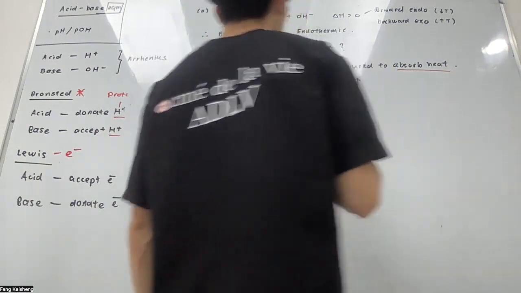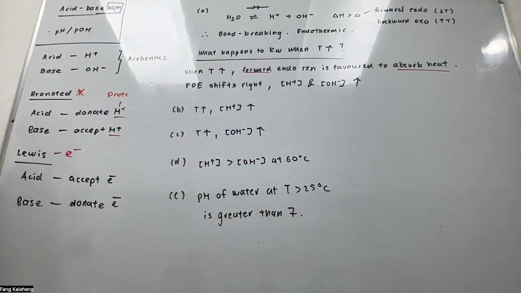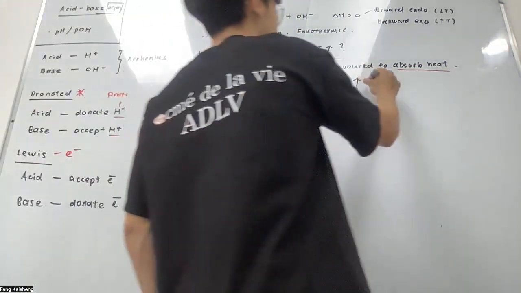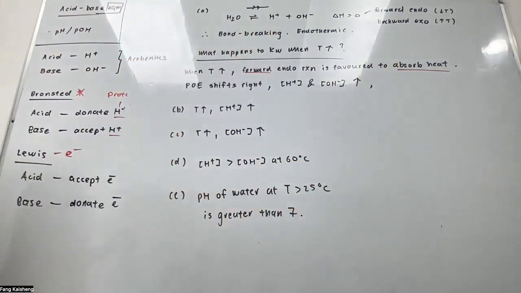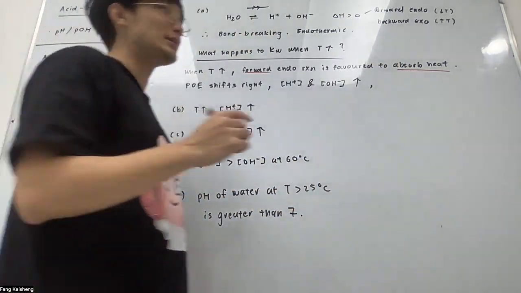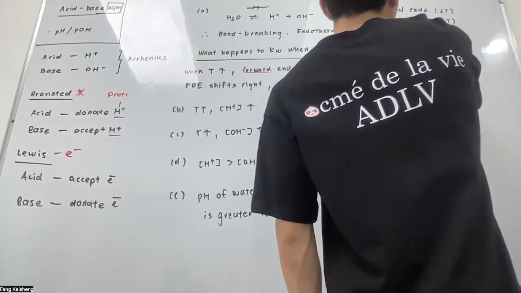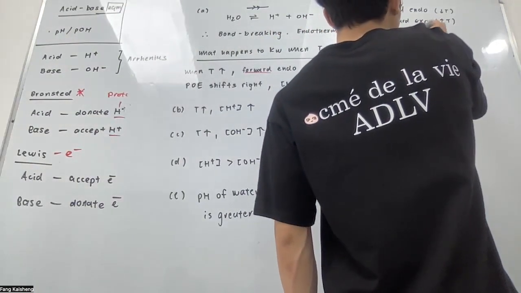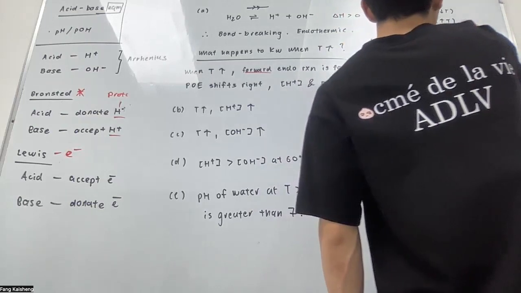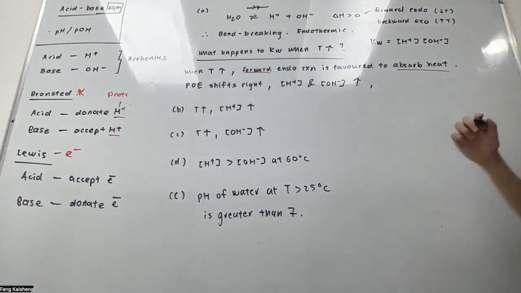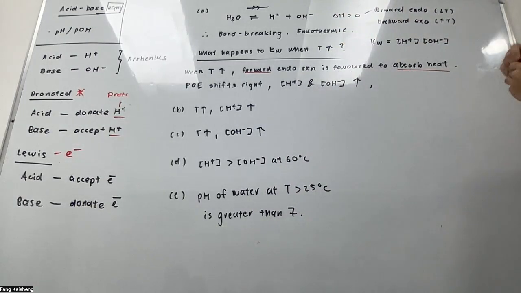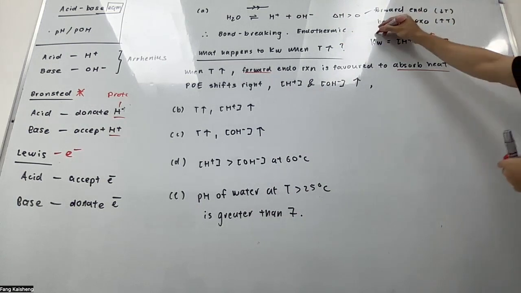And what are we trying to answer? We are trying to answer Kw. Guys, we have gotten all the way until this point. What happens to Kw? Increase or decrease? Remember the formula for Kw is just H plus times OH minus. So it's what? Increase. So concentration increases, Kw increases.